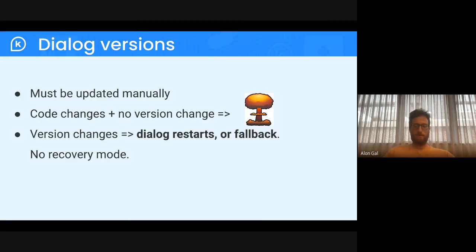So that's a bad idea. With a version change, the best we can do is restart or have this little fallback dialog saying, we're sorry, but you have to restart because the code changed, and that's life. And there's a recovery mode to try to understand more or less where we left off and continue from there.